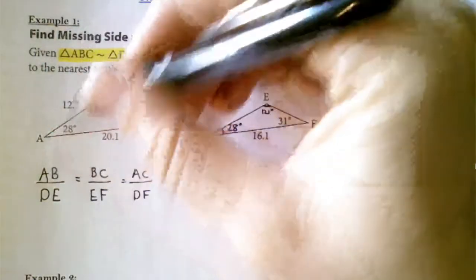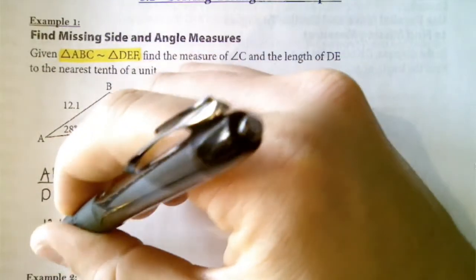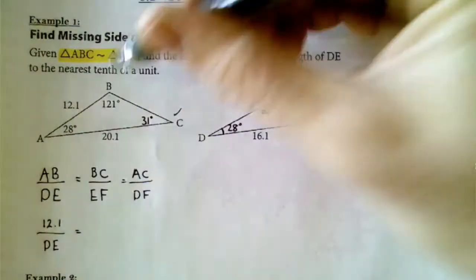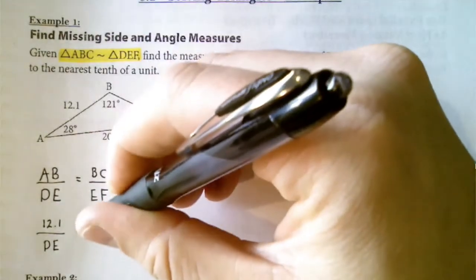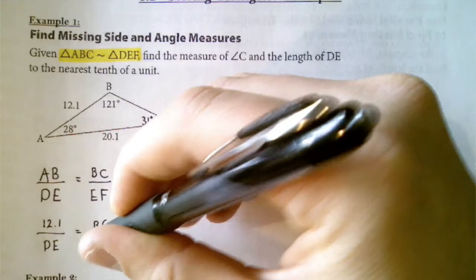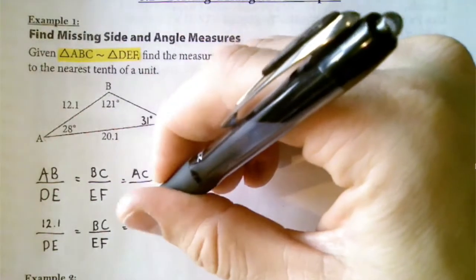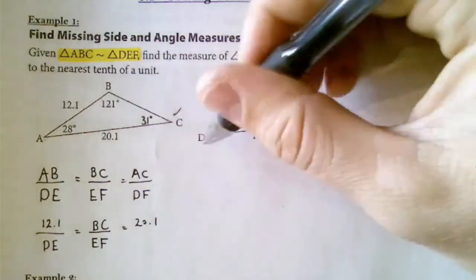Now we don't know all the sides, but we can fill in the ones we do know. We know AB is 12.1. We don't know DE. We don't know BC. We don't know EF. We do know AC, and we do know DF.